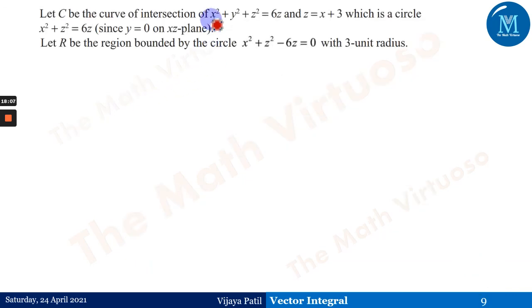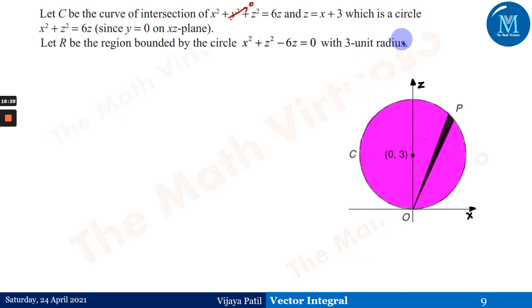So x square plus y square plus z square equals 6z. We put y equals 0 in this case, and we get x square plus z square equals 6z in the xz plane, and R will be the region bounded by the circle x square plus z square minus 6z equals 0 with 3 unit radius, and we get a figure something like this, right?